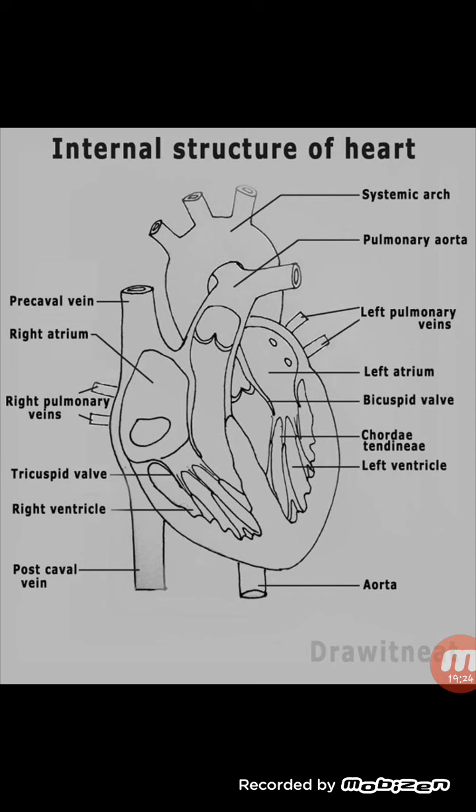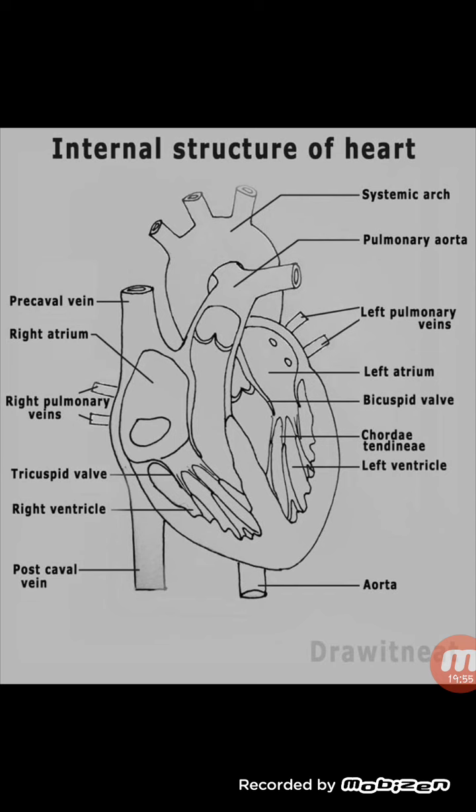Okay, this is about internal structure of the heart. So in this topic we learn about introduction of the heart, structure of the heart wall. It consists of three layers: outer epicardium, middle myocardium, inner endocardium.